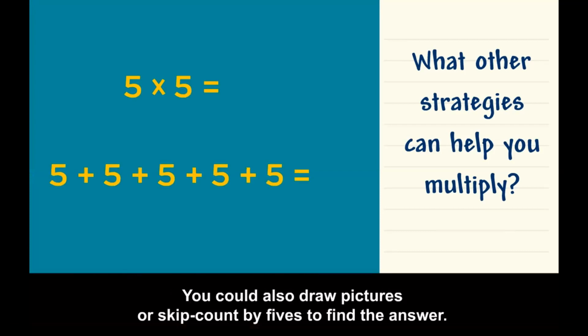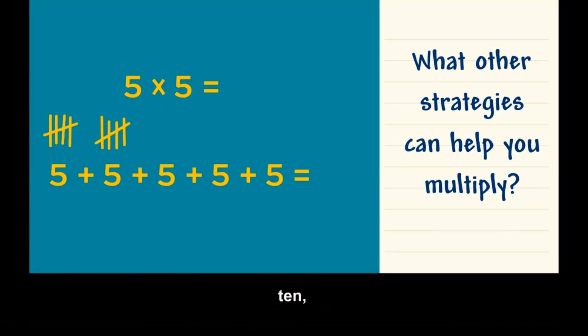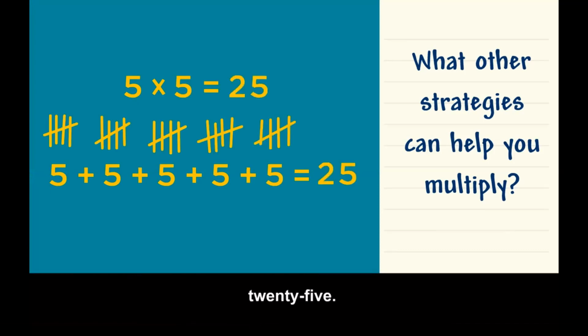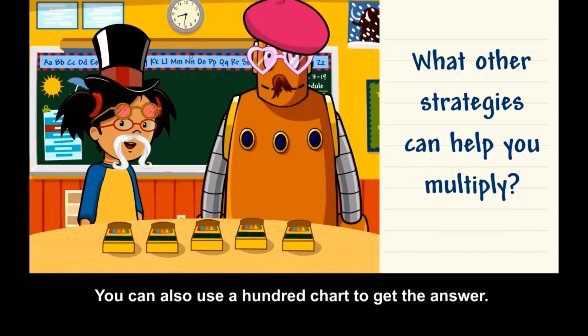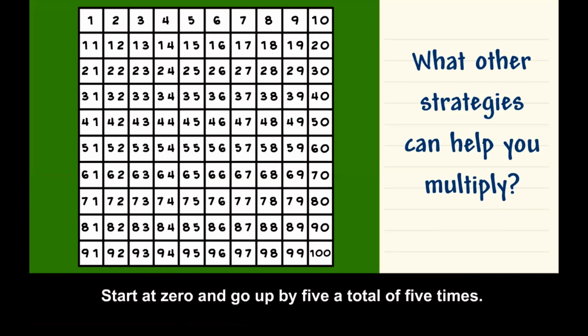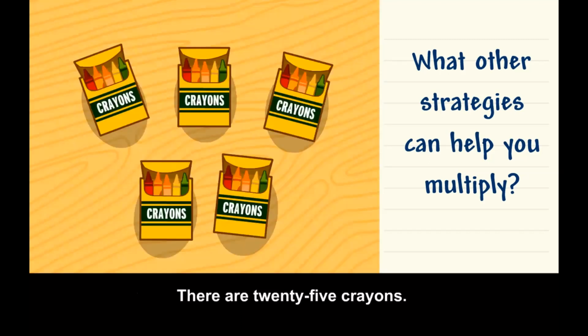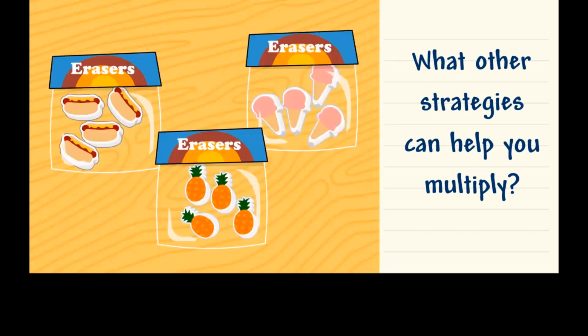You can also draw pictures or skip count by 5s to find the answer. 5, 10, 15, 20, 25. You can also use a 100 chart to get the answer. Start at 0 and go up by 5 a total of 5 times. There are 25 crayons.